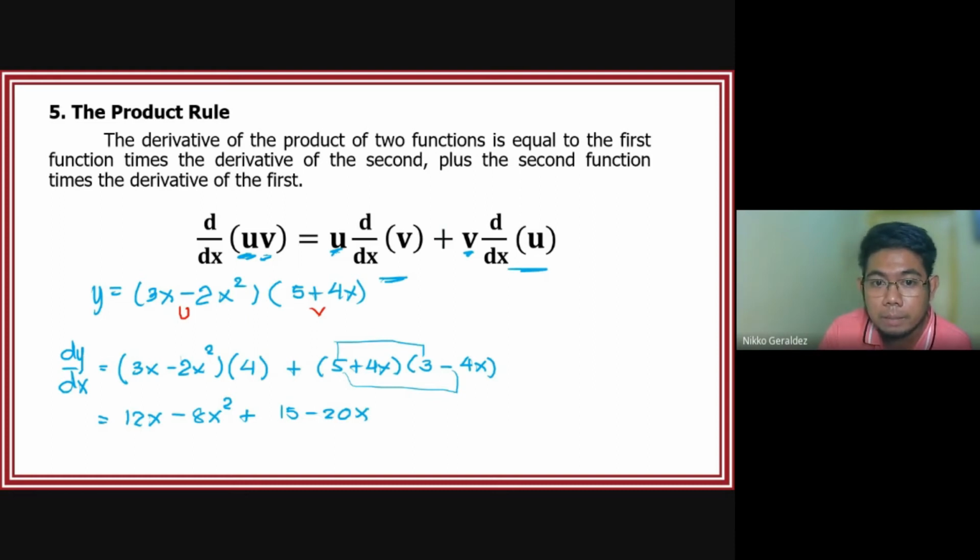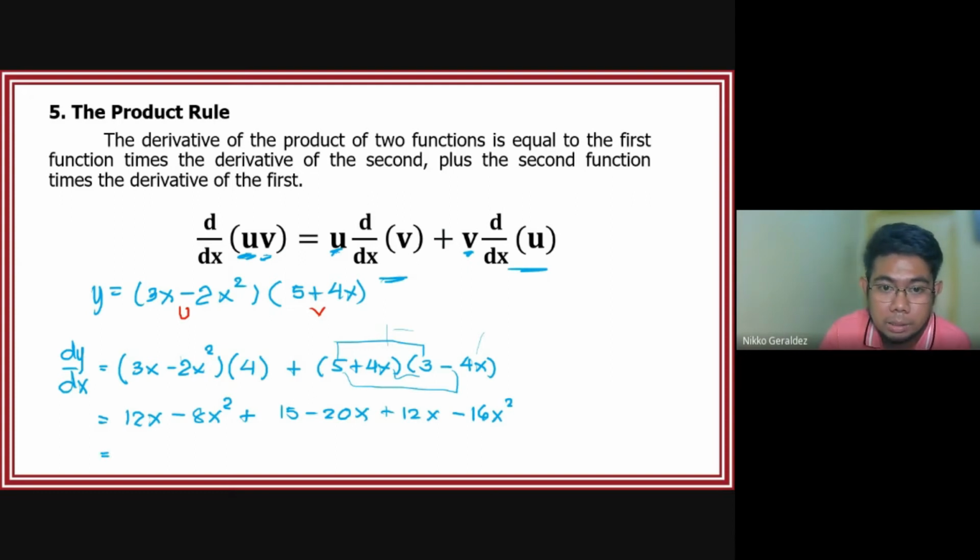Then 4x times 3, plus 12x. Then last terms, 4x times negative 4x, negative 16x squared. Tama? 15, 12x, negative 20. Ayun. O next, simplify.